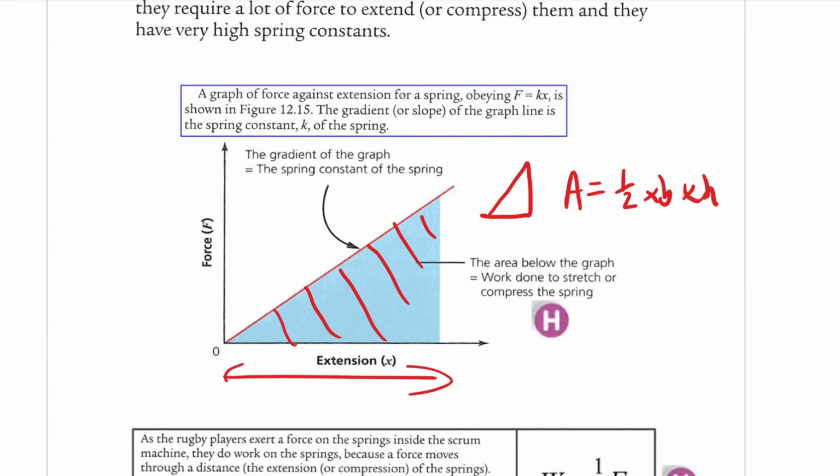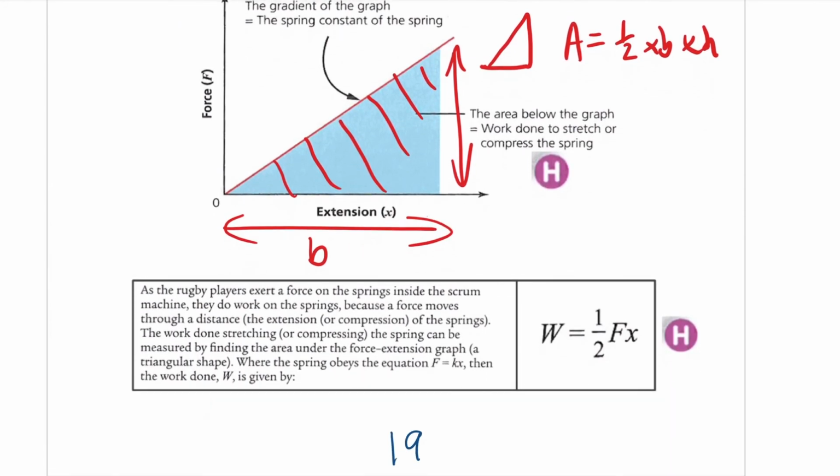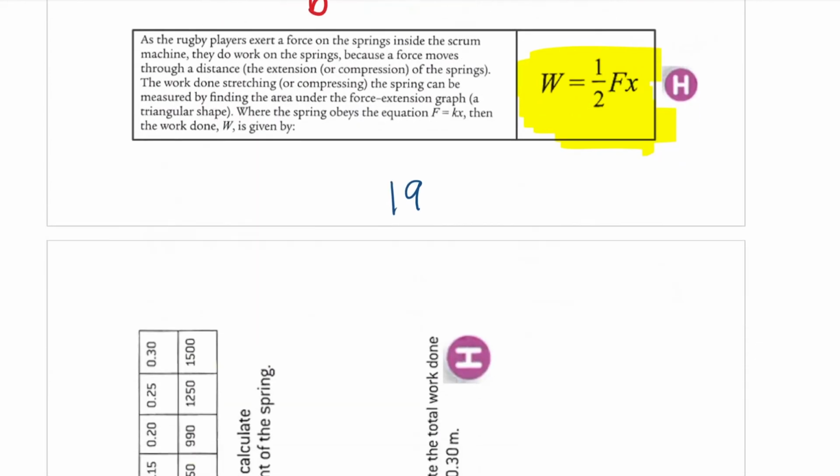There's your base, there's your height. And we did look at that quickly earlier on in the video. So the equation you use is this one here, and you can see it's half times f times x, which is the same as half times base times height.